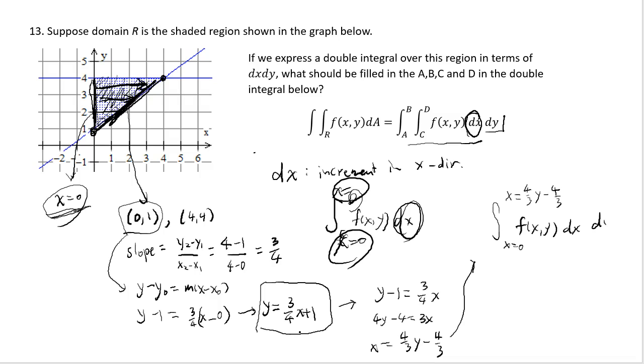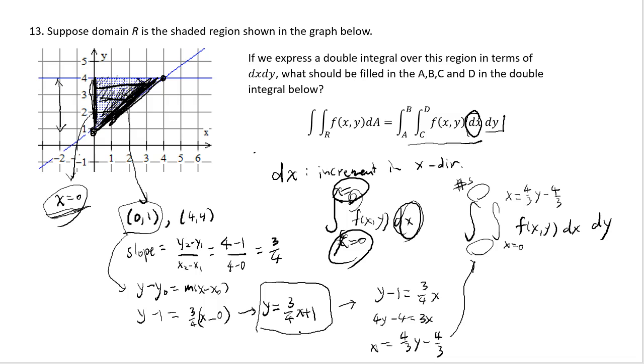And then for dy, once you've done the integration from this line to the other line, you now have to figure out the y values. By the way, when you have this outer integral, the last one should be numbers. You can never put x or y here at the last line.